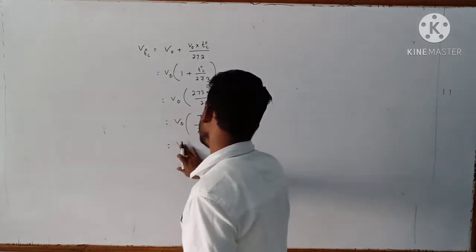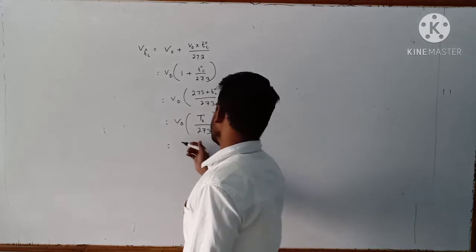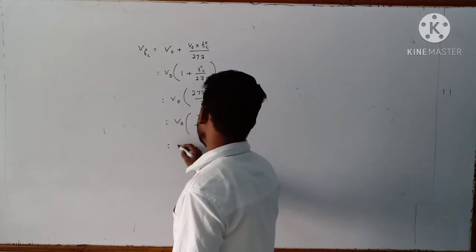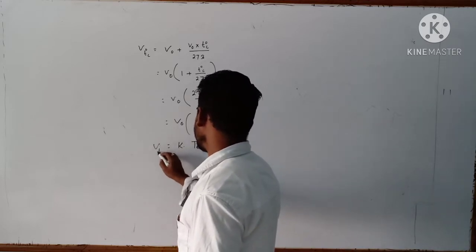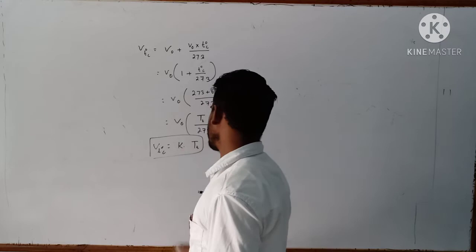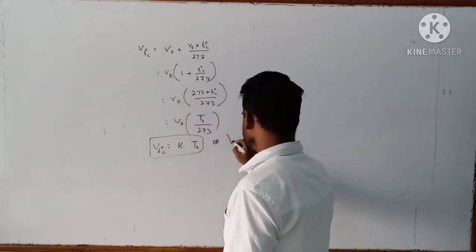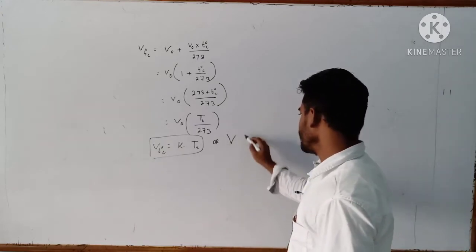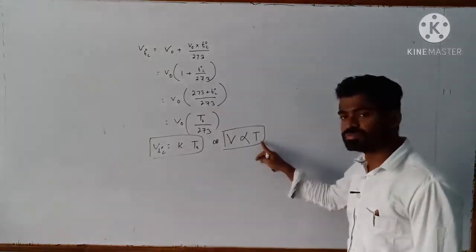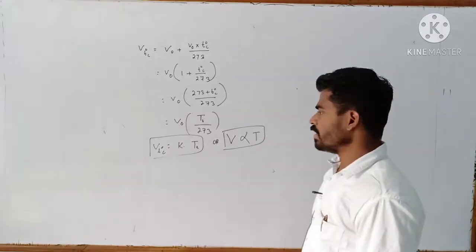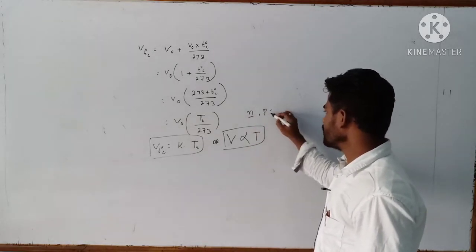So I can write Vt, the volume at any temperature T degree centigrade, equal to some constant, let's say K into T. So very simply I can write Charles law as V is directly proportional to T. That means the volume of a gas is directly proportional to absolute temperature, by keeping the mass of the gas n and pressure P constant.